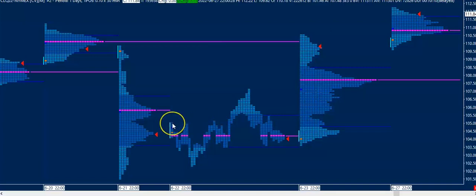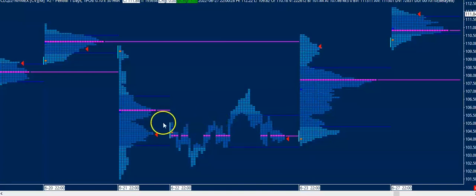But what you may not have seen before this was the fact that there was a node here, and this was what they consider a low volume node or a low TPO node, whatever. Essentially, there was low volume traded in this area, and there are little areas that we can target. What we know is that traders really liked price in this area, and they didn't like it so much here, right? There's more value here than there was here. So that's what makes it an area that we can target and kind of anticipate a reaction, right?